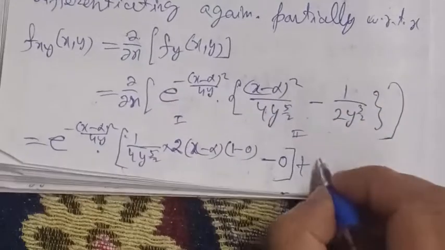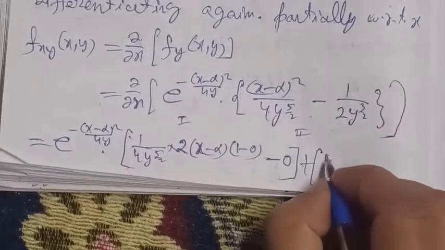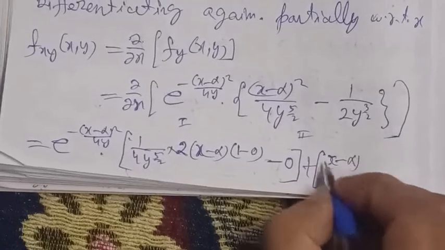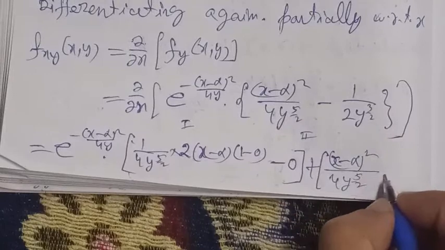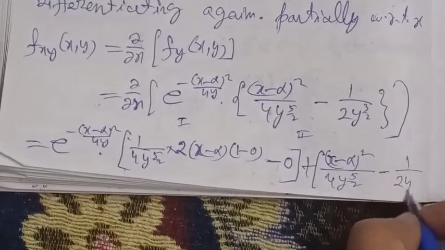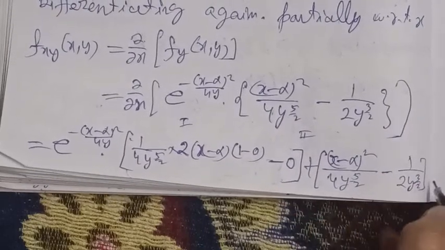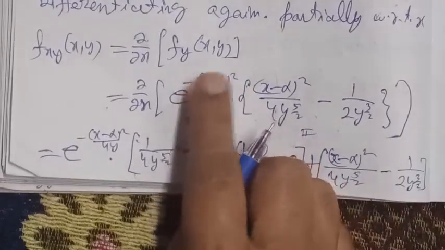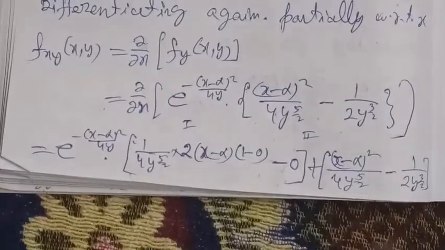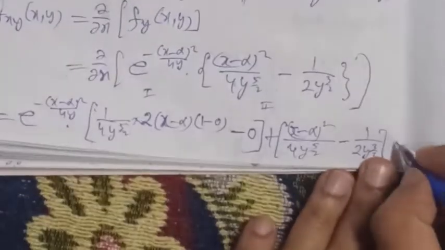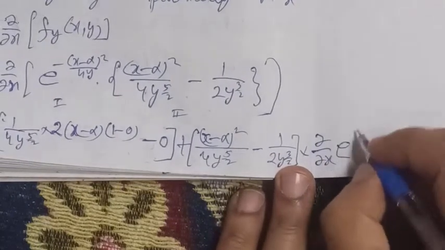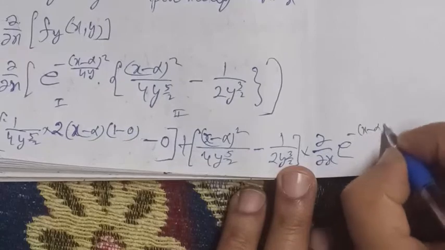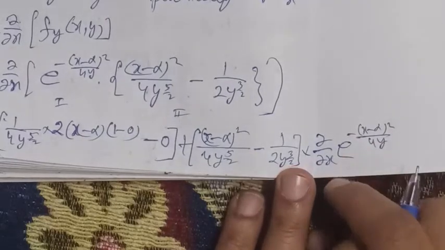So I write this value as it is: (x minus alpha) whole square upon 4y to the power 5 by 2 minus 1 upon 2y to the power 3 by 2, and differentiate this value with respect to x. So I write here, multiplied by the differentiation of e to the power minus (x minus alpha) whole square upon 4y.